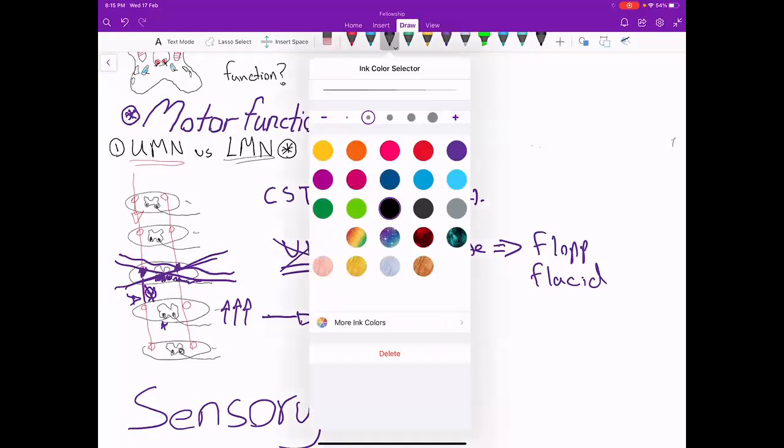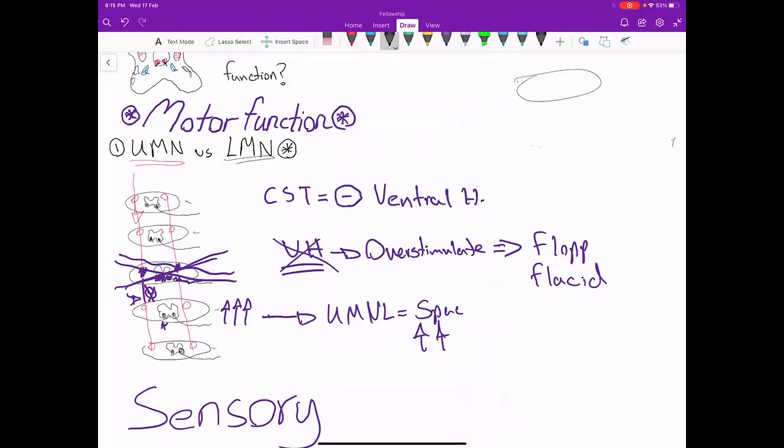At the level of the lesion, corticospinal and the ventral horns. At the level of the lesion, if I knock out the entire segment, it is gone. Yes, the corticospinal tracts are gone, and I should have spasticity in an upper motor neuron lesion.